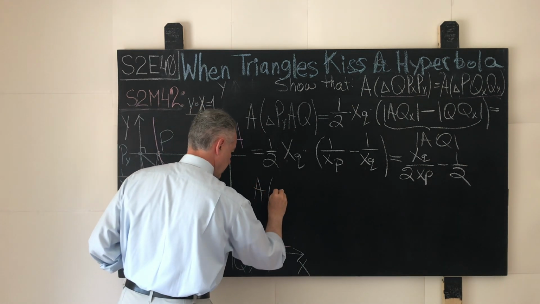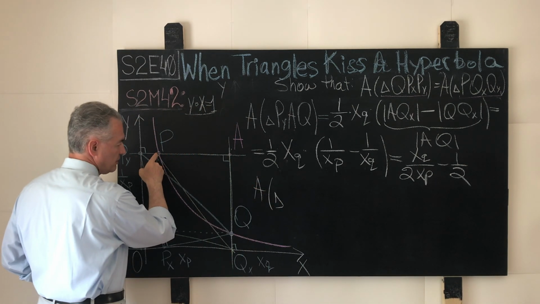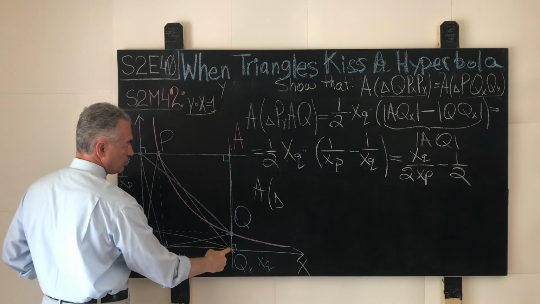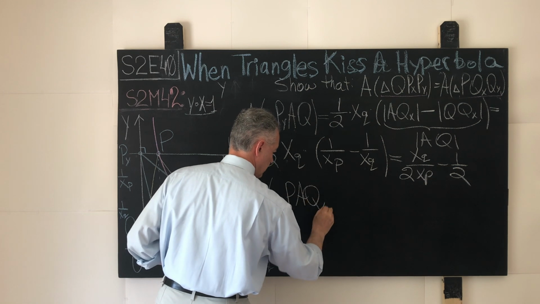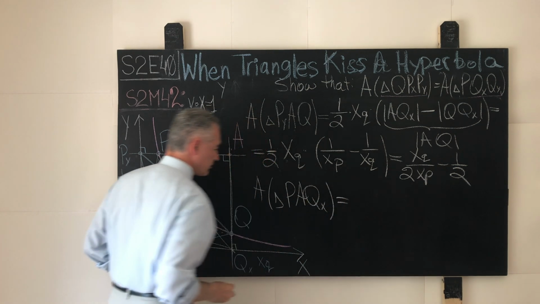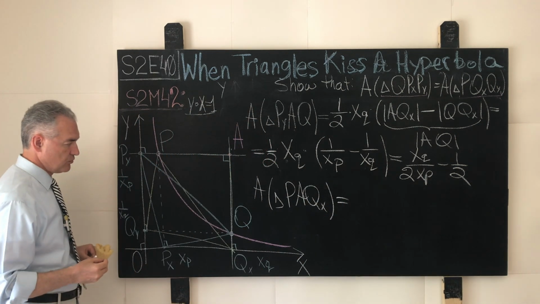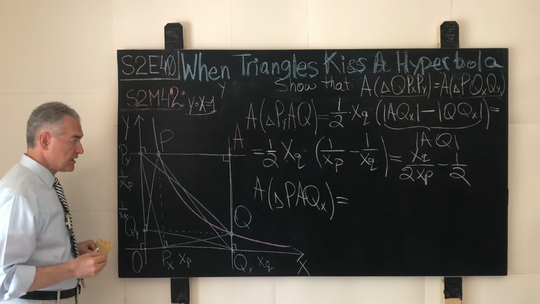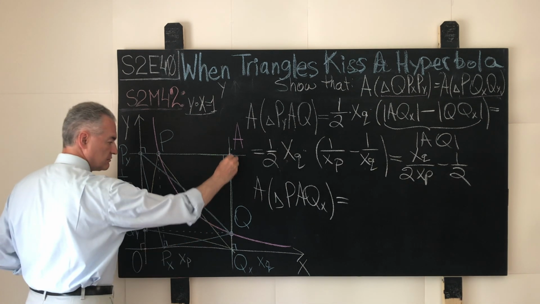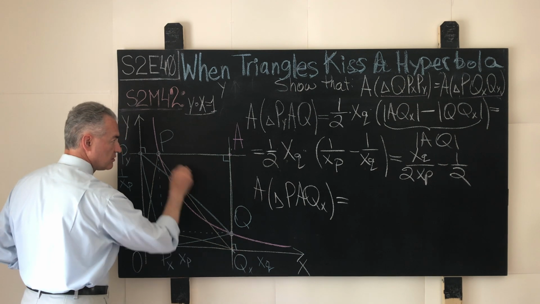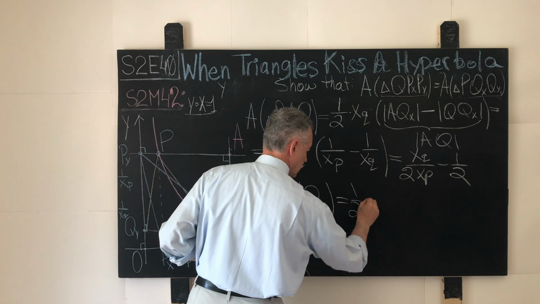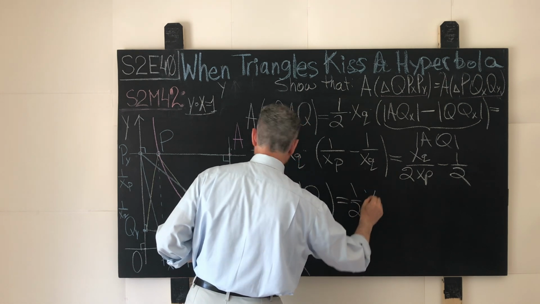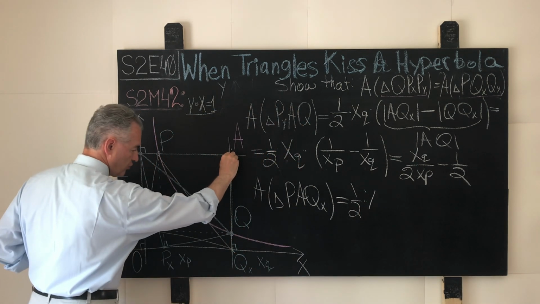Now for the area of the triangle PAQx. I will write it down. I will work a little faster. We'll all understand what is going on. Half product of the height of the triangle PAQx. So this will be 1/2 times, what is the height over here of this triangle?